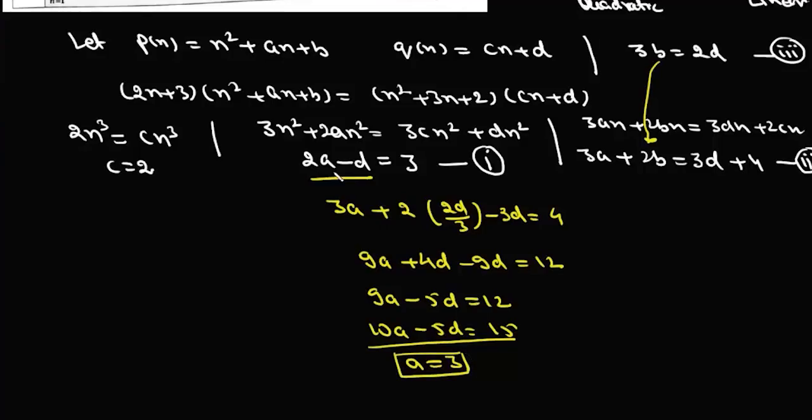And if we put a as 3, we'll get d as 3. And if we put d as 3, we'll get b as 2. So value of a is 3, value of b is 2, value of c is 2, and value of d is 3.